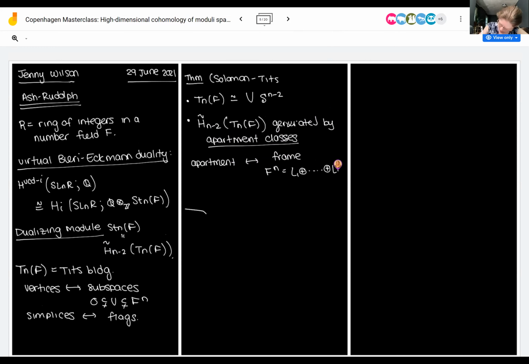And the apartment corresponding to that frame is the full subcomplex of the Tits building on vertices that correspond to direct sums of these lines.